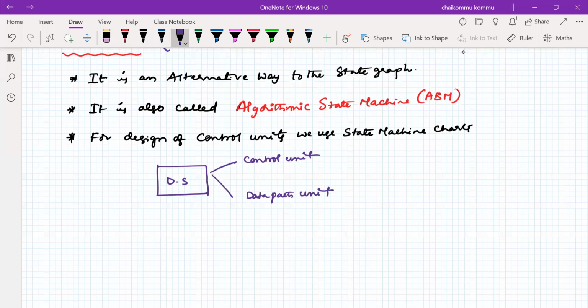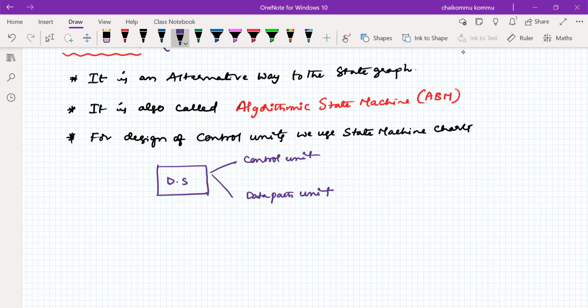The sequence of operation is decided by the control unit. The data path has the real hardware and performs the operations. So for the control unit we preferably use the state machine chart, not necessarily, but people preferably use it.